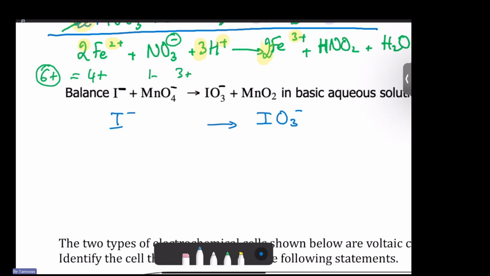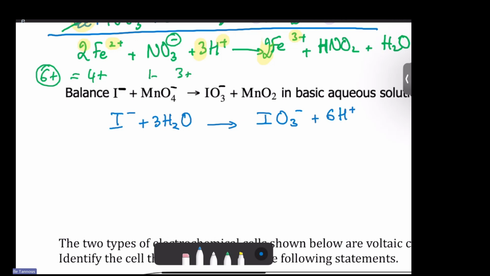Then I balance O by adding H2O. So I have here 3 oxygen. So I am going to add 3 H2O. I balance the O by adding H2O as much as I need. Now, I count the hydrogens. I have 6 hydrogens on this side. So here I balance hydrogens by adding H plus.